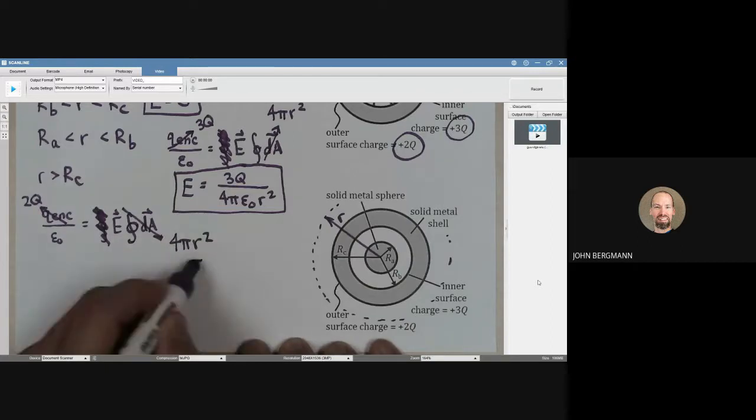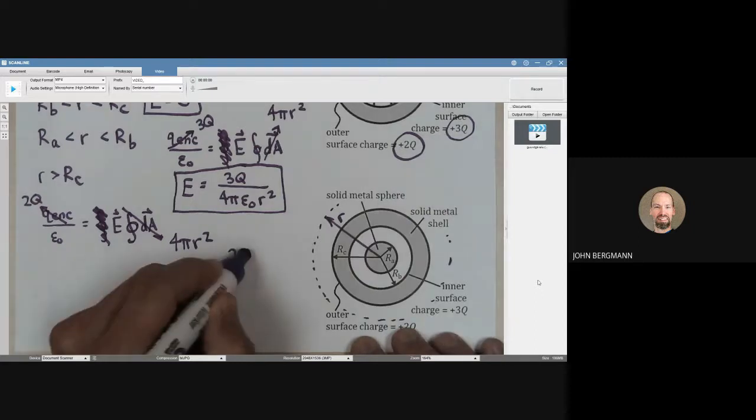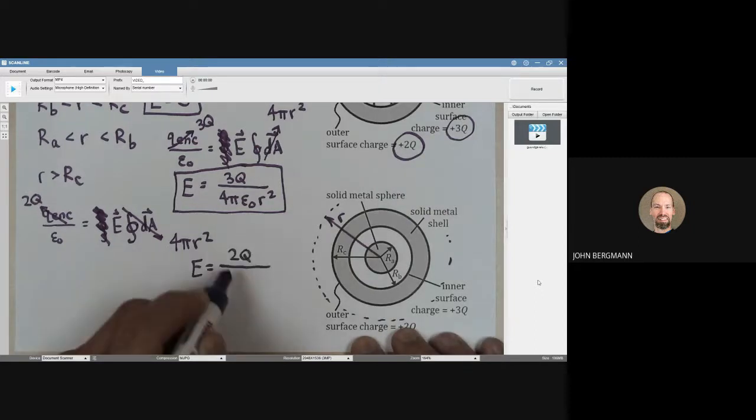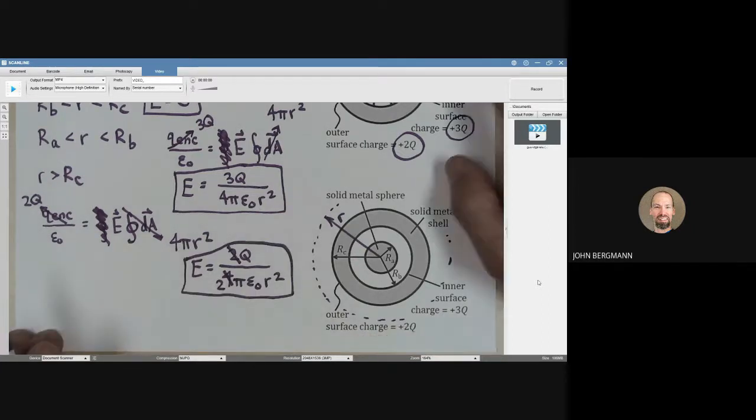And so the electric field is going to have what magnitude? 2Q divided by 4 pi epsilon naught r squared. If we wanted to simplify that, we could. There you go. And these electric field lines point outward.